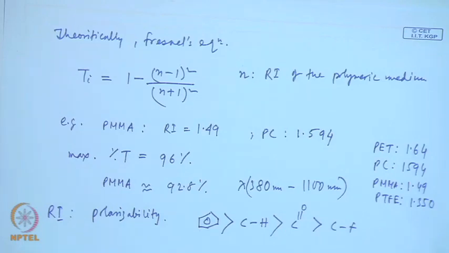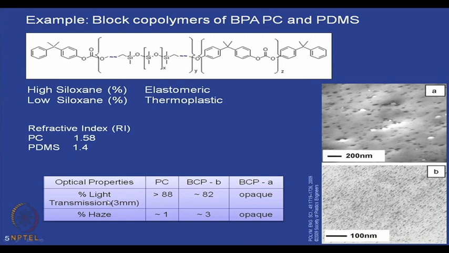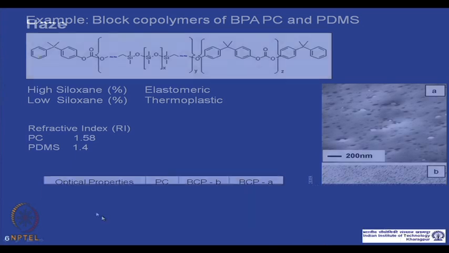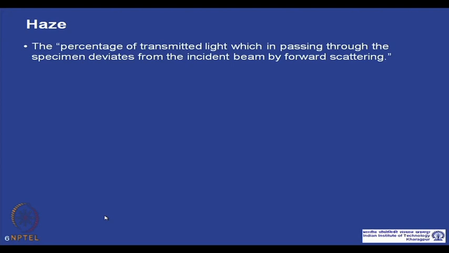So, we just discussed transmission. Now, talk about haze. Haze is defined as the percentage of transmitted light passing through the specimen that deviates from the incident beam by forward scattering.